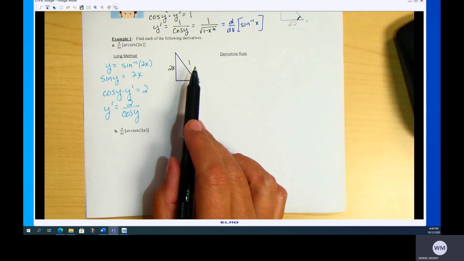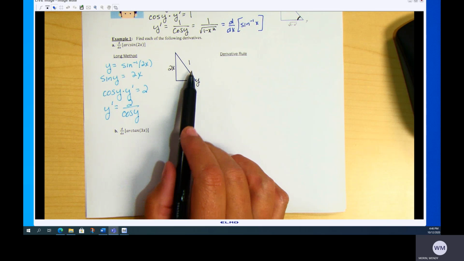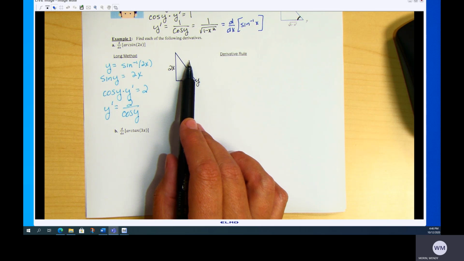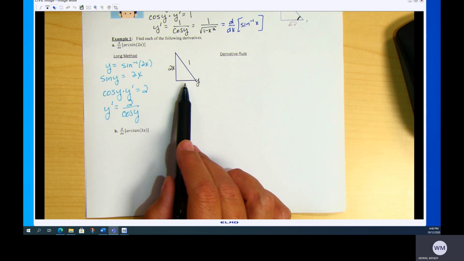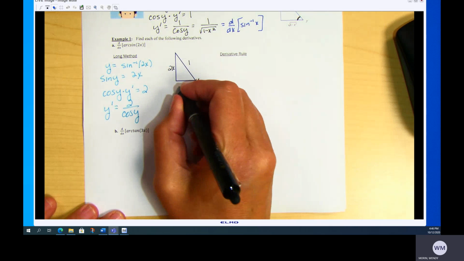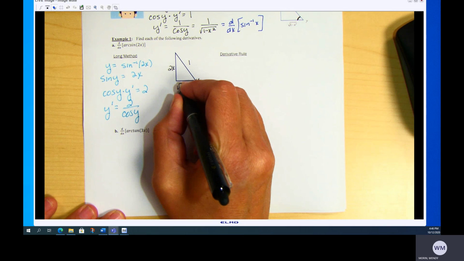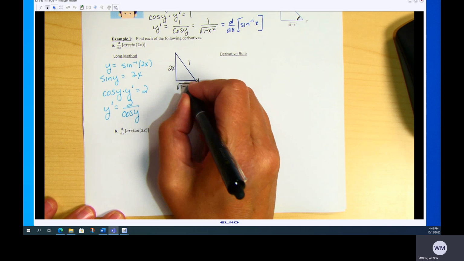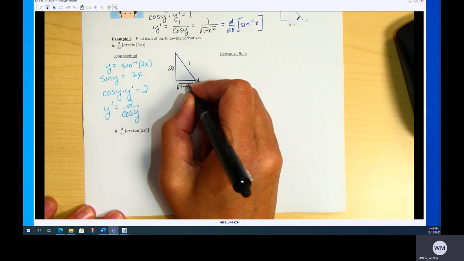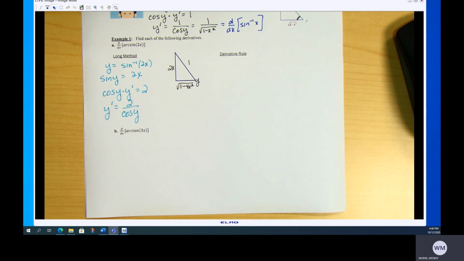So if I do the Pythagorean theorem, it's going to be c squared minus a squared equals b squared. So this side ends up being the square root of 1 minus 2x, the quantity squared, which is 4x squared.